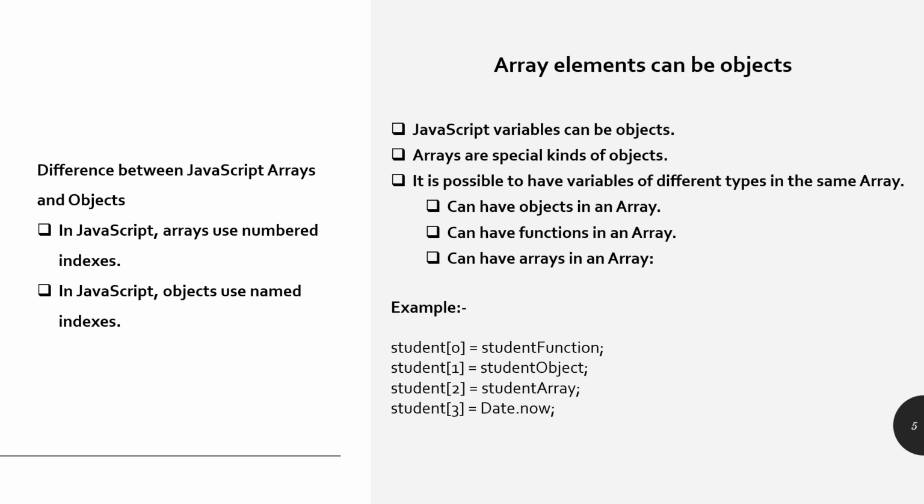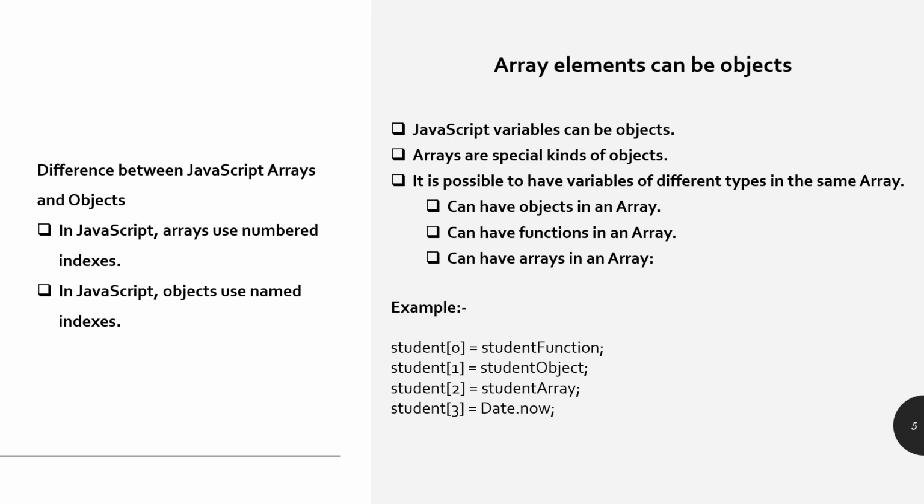This is an object, it is again possible. This is again an array. This is another function. So all these operations are possible in array manipulation in JavaScript.